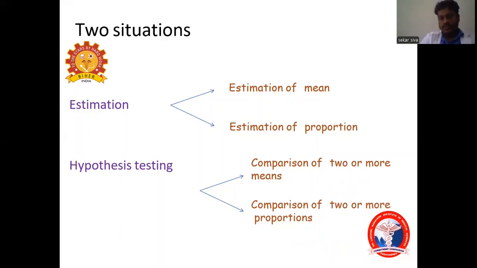Only two situations, either mean or proportion. If you are going to look at a single group, it is estimation of mean and estimation of proportion. If you are going to compare two or three groups, it is comparison of differences of two or more means and comparison of two or more proportions.